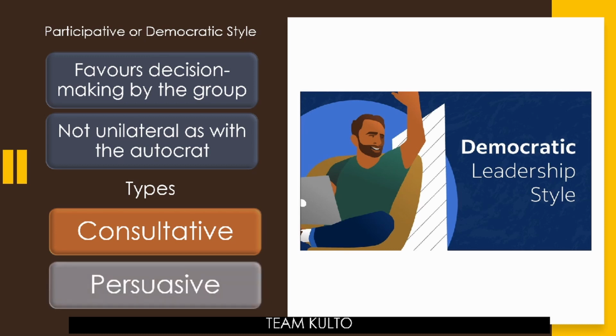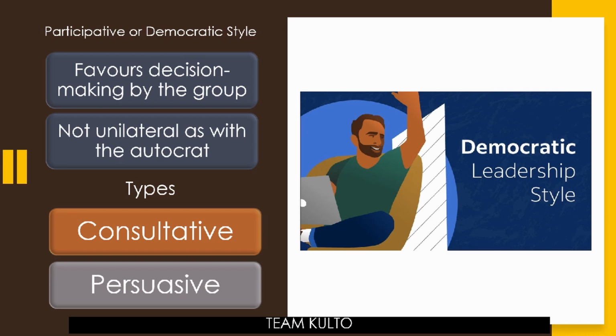Persuasive. Persuasive leader takes decision and seeks to persuade others that the decision is correct. Now, this type of leadership style is more of like parang pinsan ni autocratic. Why? Because you have persuasive type of leadership, which is the subcategory of your democratic style.